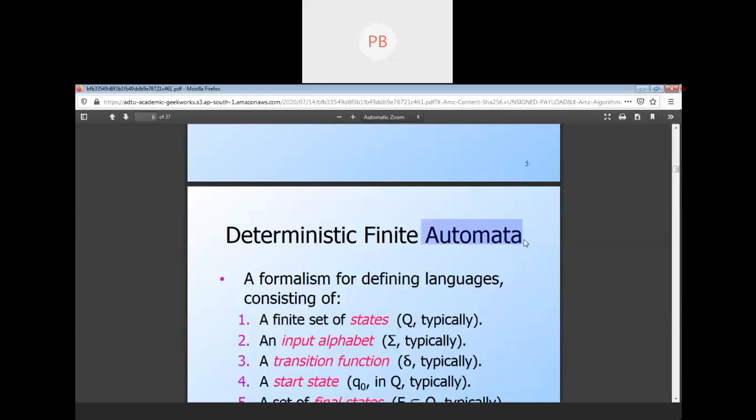Do you understand why it is called finite? Because there is a fixed number of states. Is it okay? And why is it deterministic?